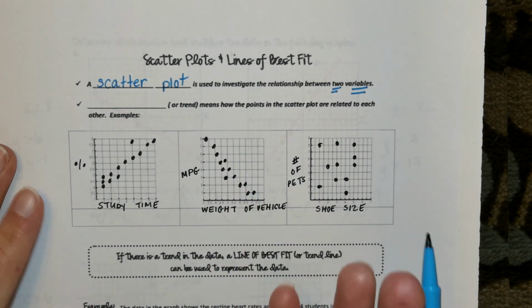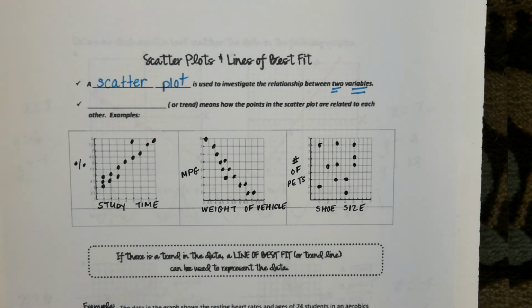So what you do is you have these two sets of data, and you put one as the x-axis and one set of data as the y-axis, and then you plot the points as the data goes together. You'll see here in just a minute how scatter plots work when I start talking about these scenarios.